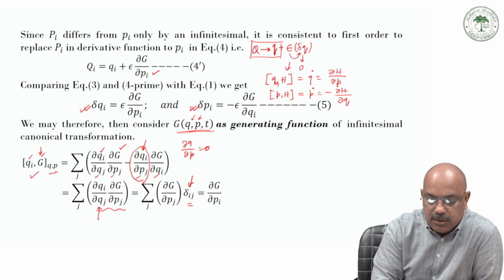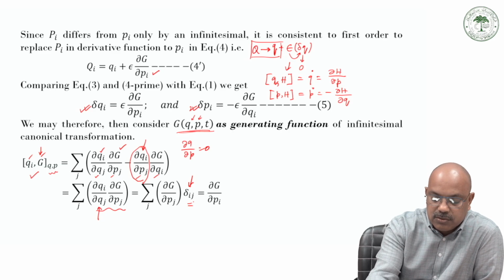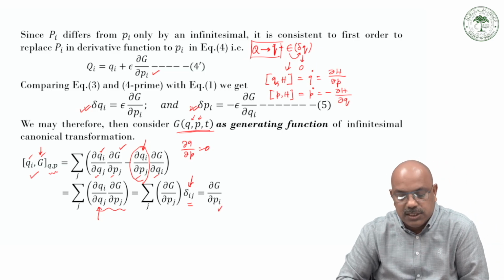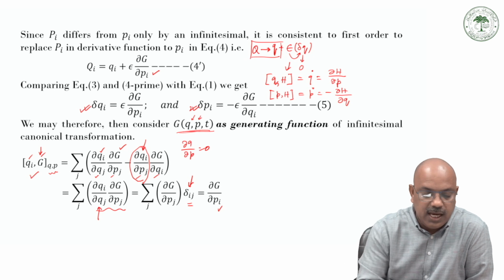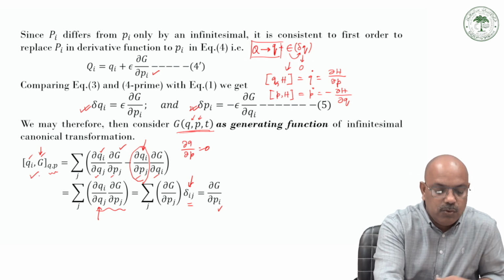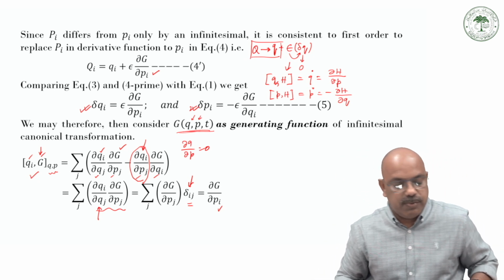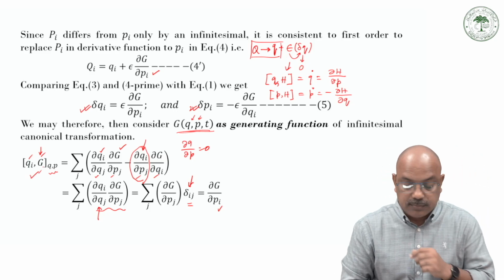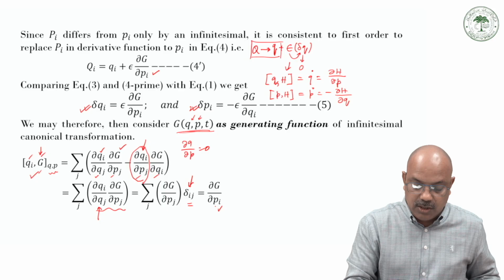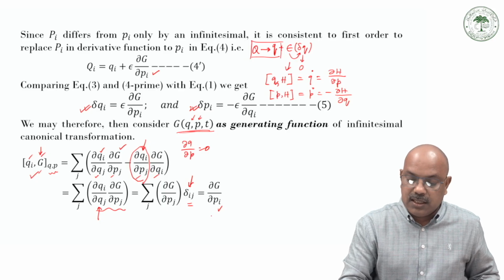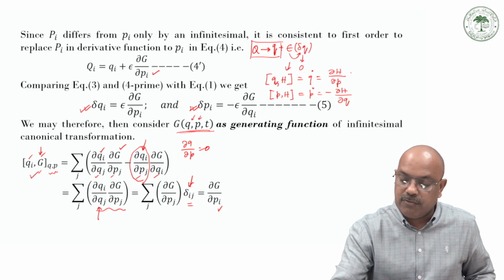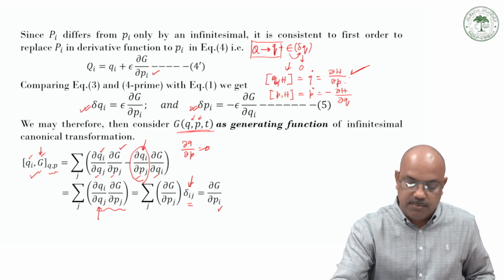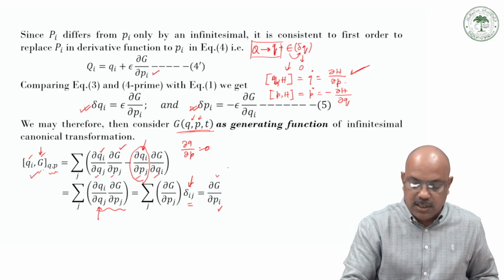So the Poisson bracket of q with respect to the generator of the ICT, that is G, is going to give me delta G upon delta Pi. If you compare with this, q with H is delta H upon delta Pi, so q with G is delta G upon delta Pi.